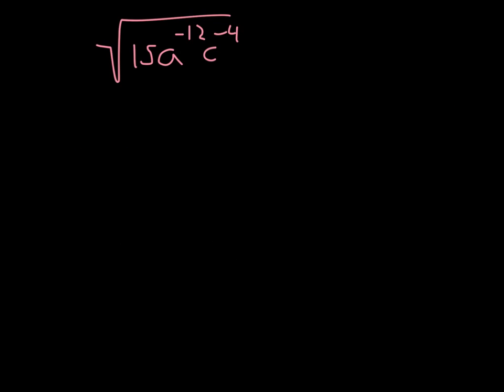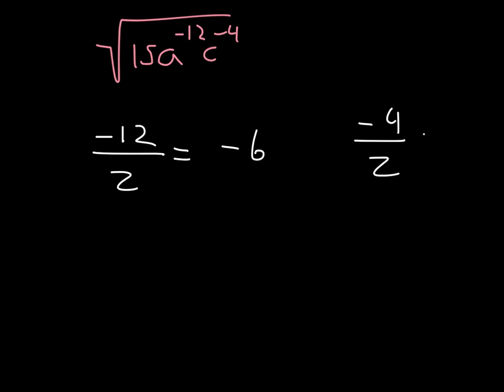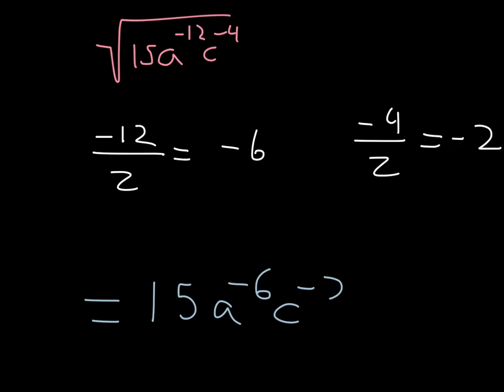What we have to do now is divide the indices by 2. So negative 12 divided by 2 will give you negative 6, and negative 4 divided by 2 will give you negative 2. Hence, giving you the final answer of 15 a to the power of negative 6 and c to the power of negative 2.